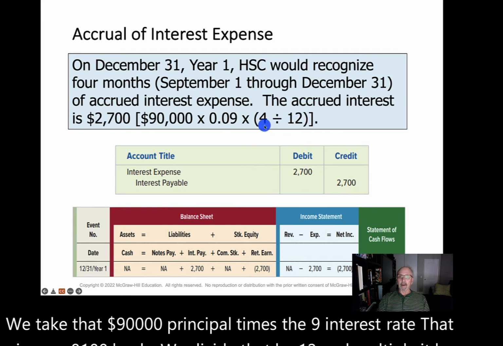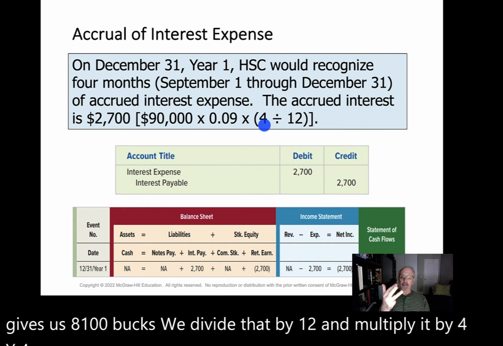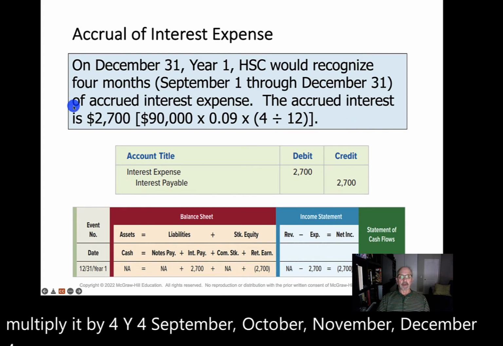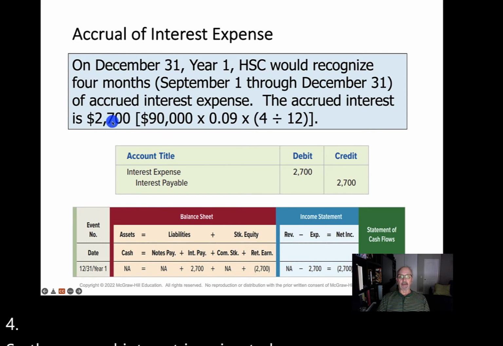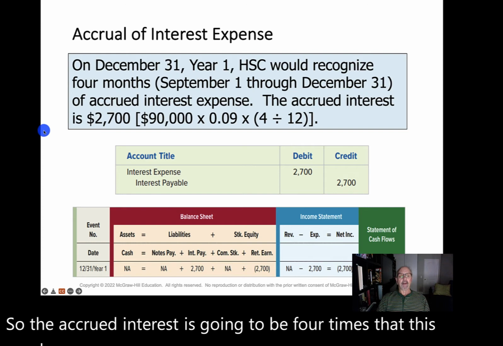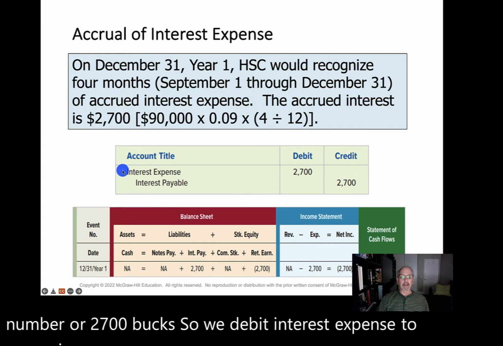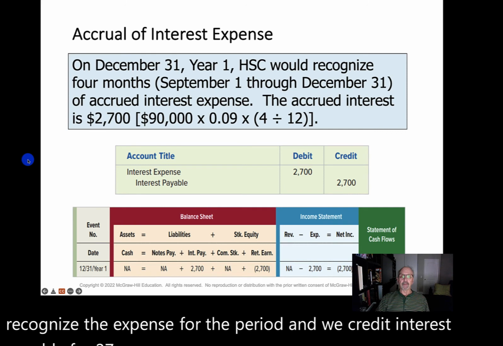Why 4? September, October, November, December. So the accrued interest is going to be 4 times this number, or $2,700. So we debit interest expense to recognize the expense for the period, and we credit interest payable for $2,700 because the interest is going to get paid when the note matures.